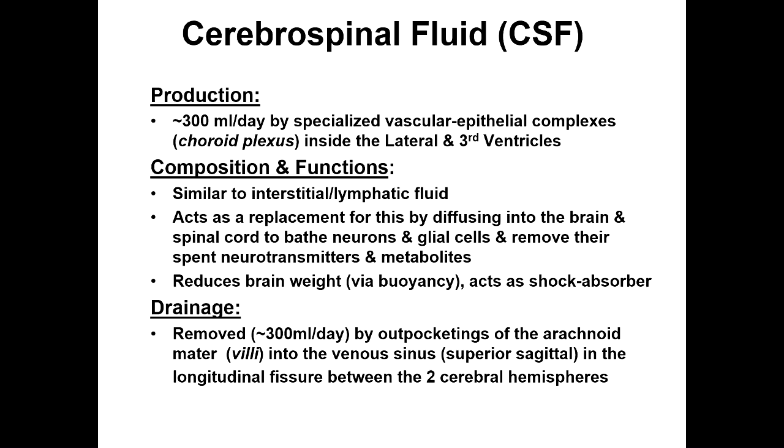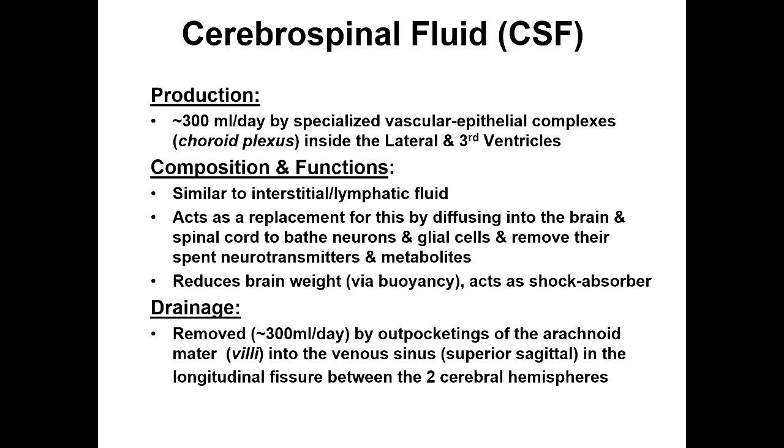The CSF also helps to reduce the general weight of your brain by giving it a certain amount of buoyancy, and it has a kind of protective function as well because it can act as a shock absorber if you bang your head, not too hard, because the CSF is outside your brain and inside as well. So the CSF, the cerebrospinal fluid, performs a number of really, really important functions.